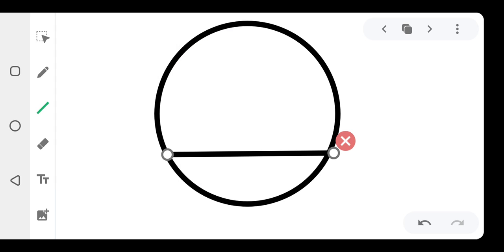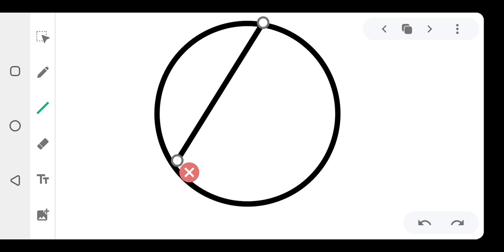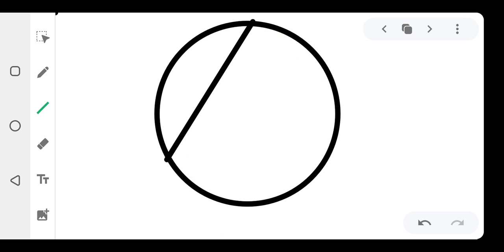Now let us say we have a bigger angle here.